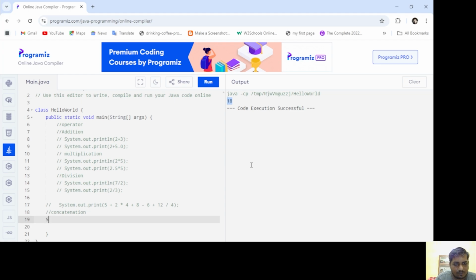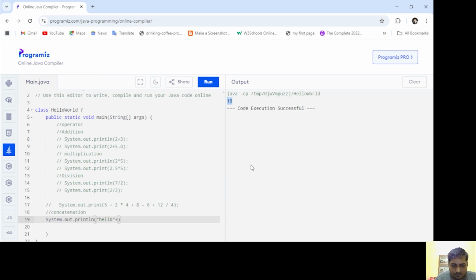You see system dot out dot print. Here, adding a string with a string, hello plus world.